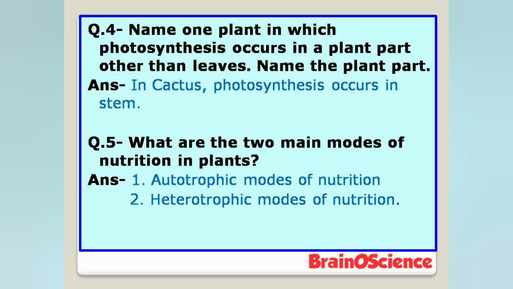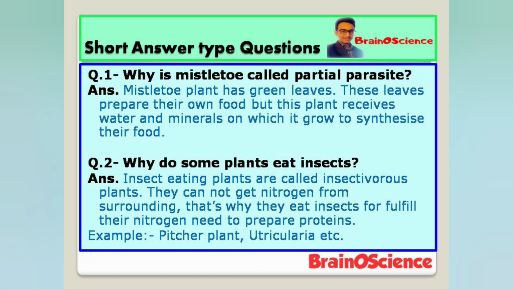Question number 5: what are the 2 main modes of nutrition in plants? Answer: the 2 main modes of nutrition in plants are number 1 autotrophic mode of nutrition, number 2 heterotrophic mode of nutrition.